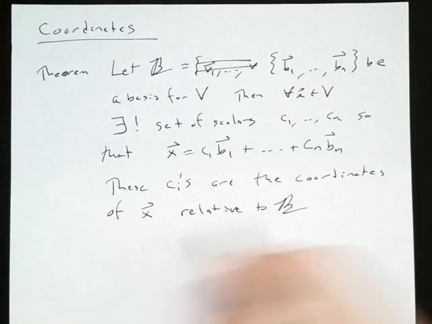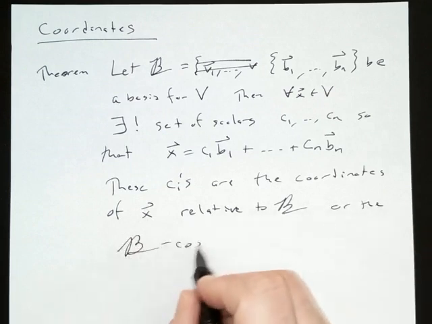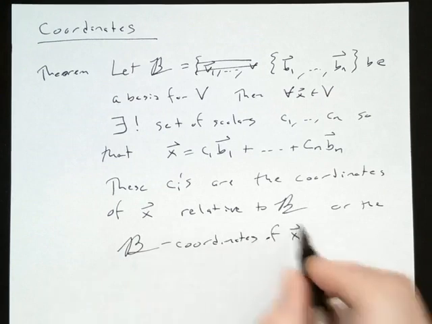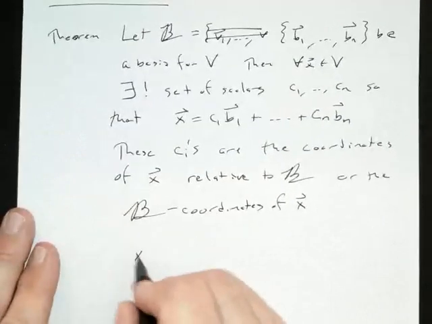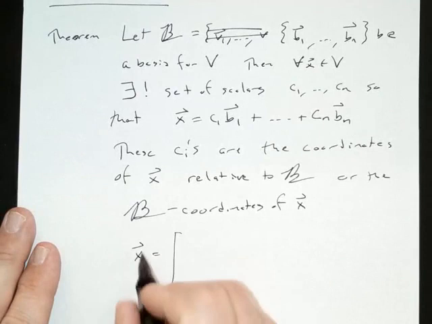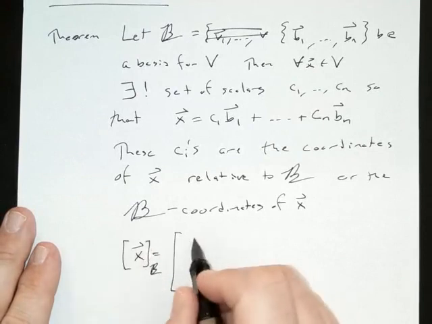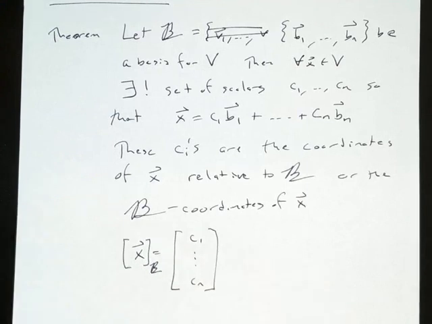Sometimes we'll call them B coordinates. And if those are real numbers, then I've just turned x in terms of this basis into a list of numbers.